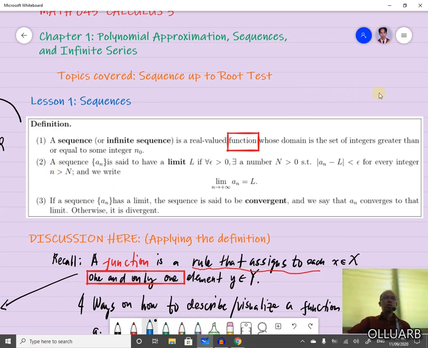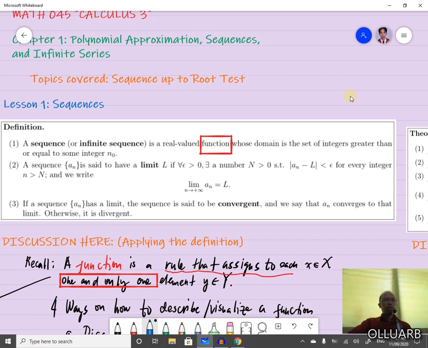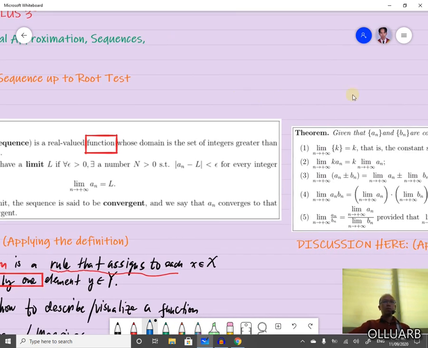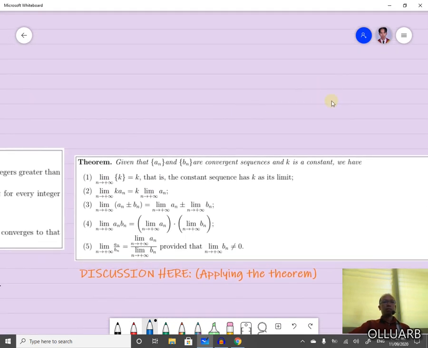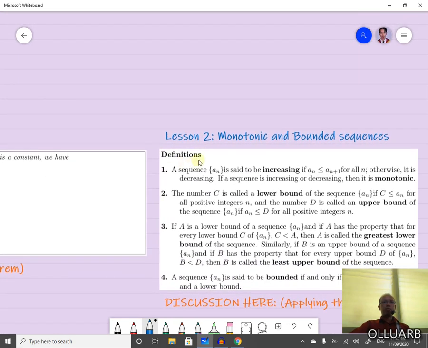Okay, so for our second lesson, that's all for today for lesson 1. For the second lesson, we will be talking about monotonic and bounded sequences.